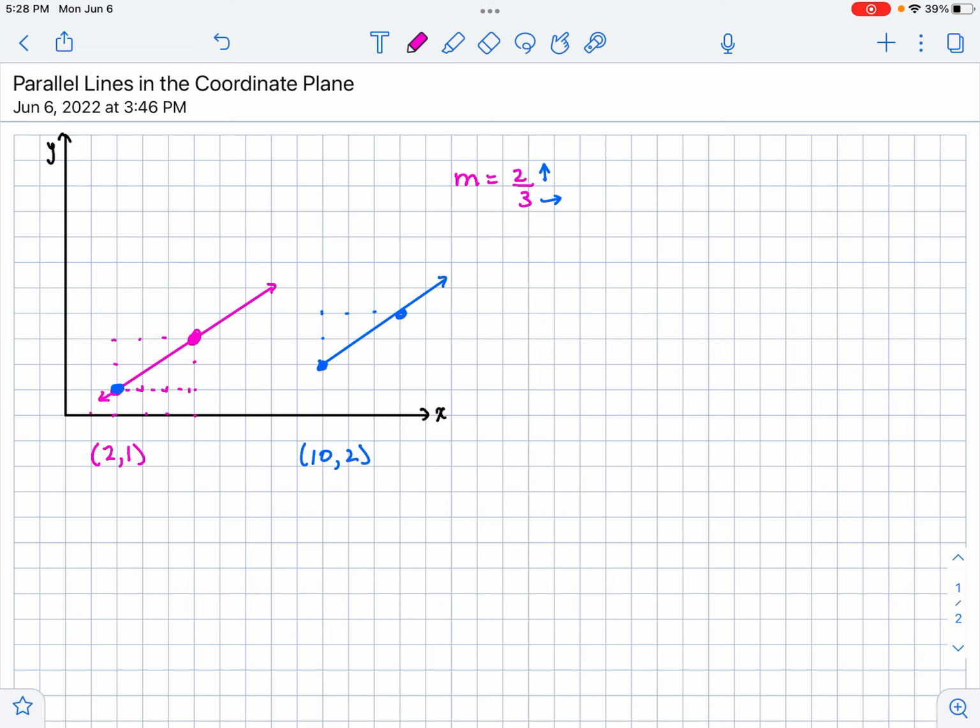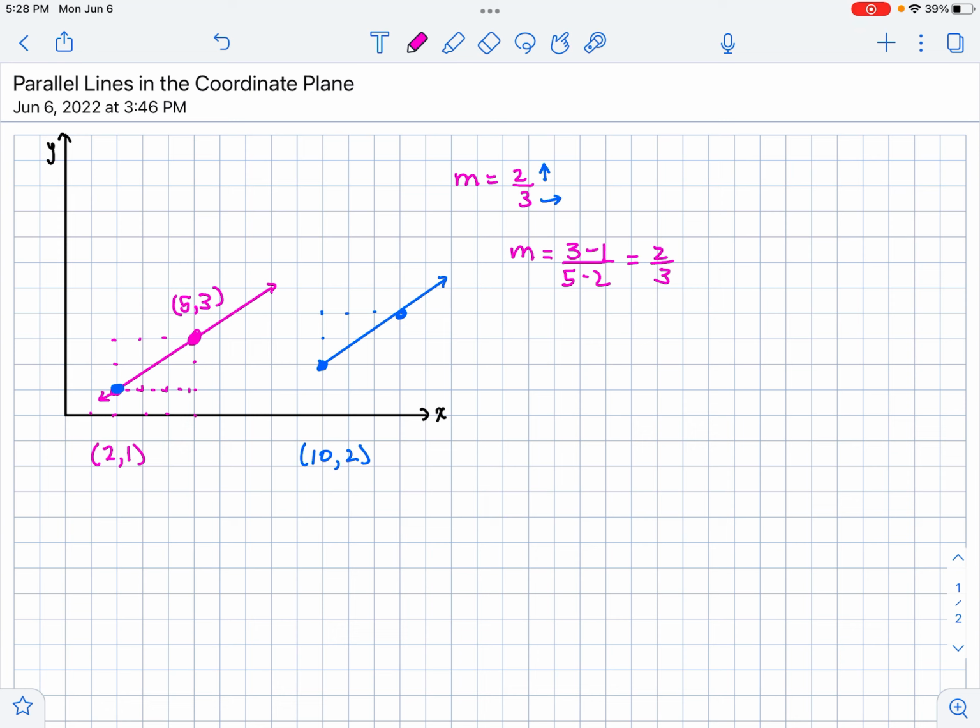In other words, we already know the slope is 2/3, but let's see how we would compute that. We would say the slope is equal to the difference of the y's, 3 minus 1, over the difference of the x's, 5 minus 2. And you see that's going to be 2/3, just like we said it was. In other words, when we say the slope is 2/3, this is what we mean.